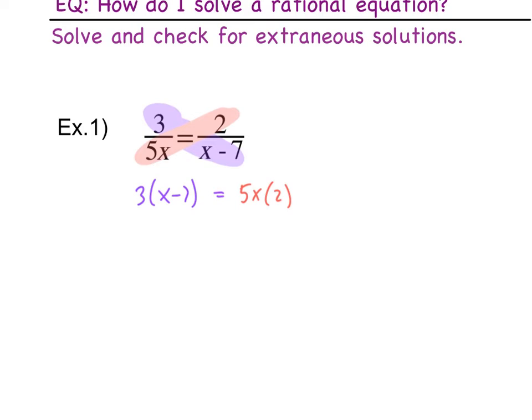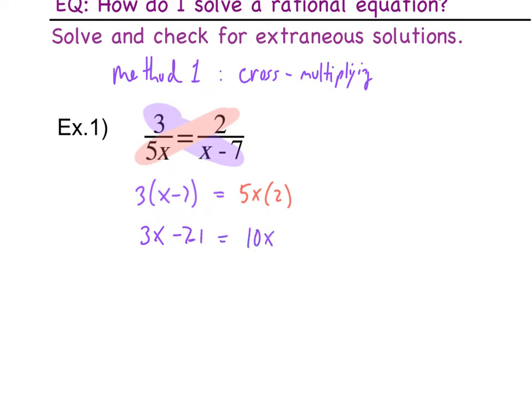Of course, we will need to distribute when we do this, so it is something you need to look out for. So we get 3x minus 21 equals 10x.